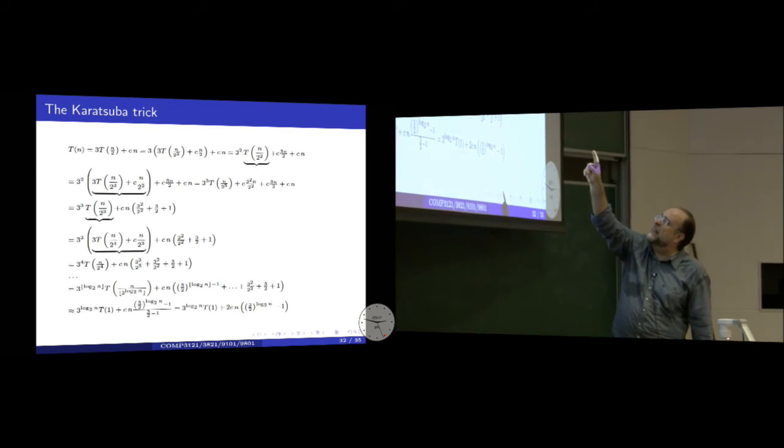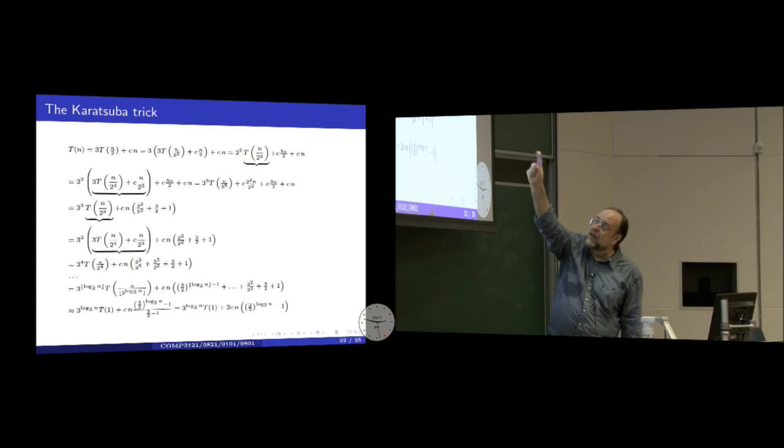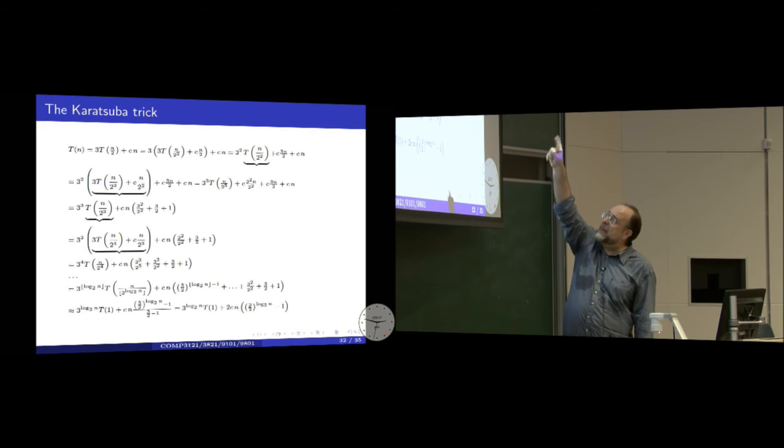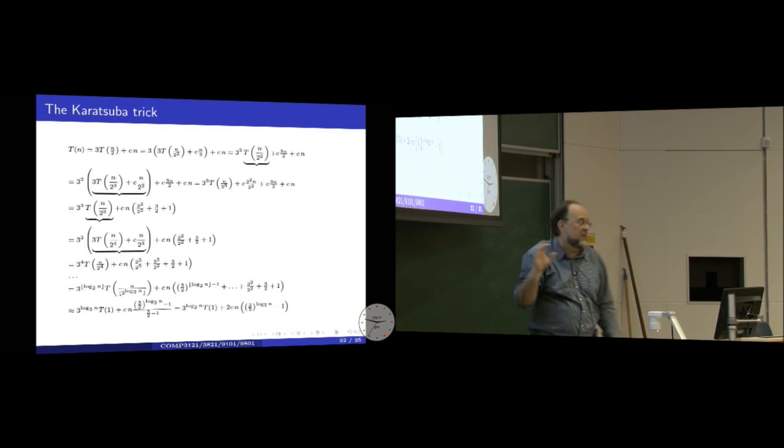First was the overhead C times n for the additions, right? Then you had 3 times the smaller overhead, C n over 2, and so forth.